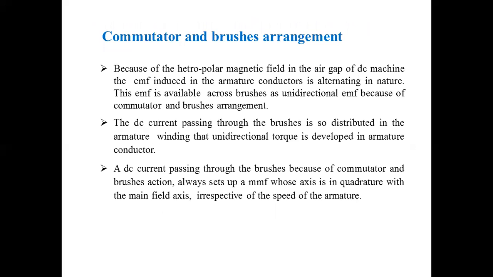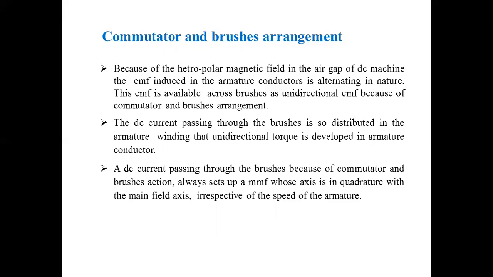Next one, about the commutator and brush arrangement. Here, these are completely PMDC motors. Because of the heteropolar magnetic field in the air gap of a DC machine, the EMF induced in the armature conductors is alternating in nature. And this EMF is available across the brushes as a unidirectional EMF because of the commutator and brushes arrangement.